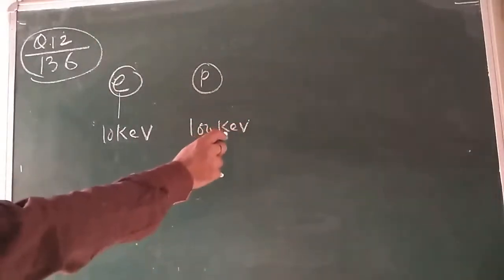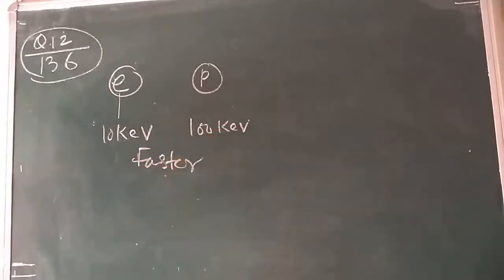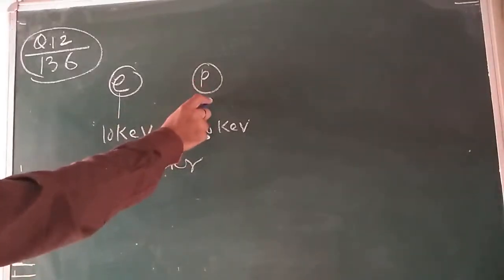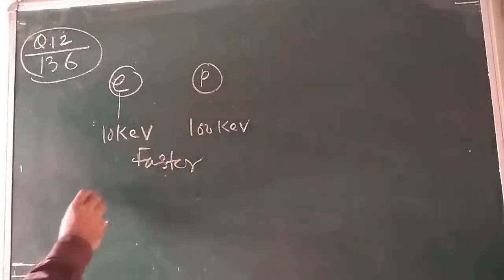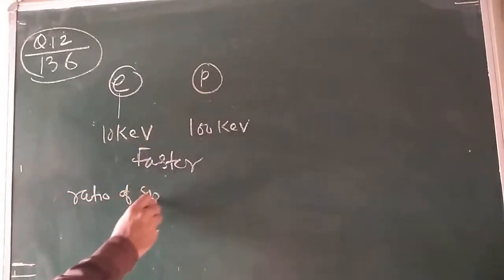It asks which is faster, the electron or the proton, and to obtain the ratio of their speeds. The second part is to find the ratio of speeds.